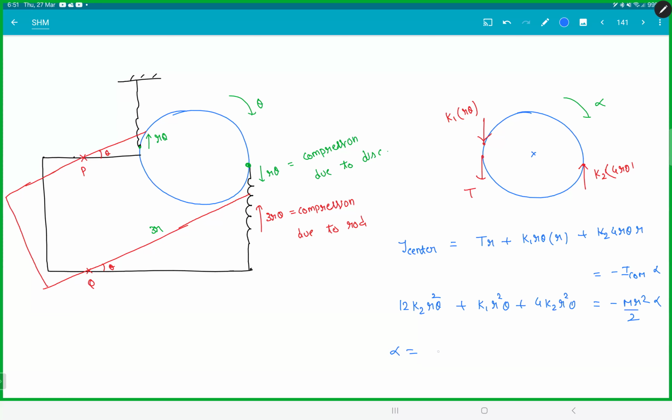So how much is this? 16 K2 plus K1 into 2 by M theta. That's your omega. You get the answer from there. Clear everyone? So the two spring forces and the rod's tension also had to be included. It's a little tougher one, but there.